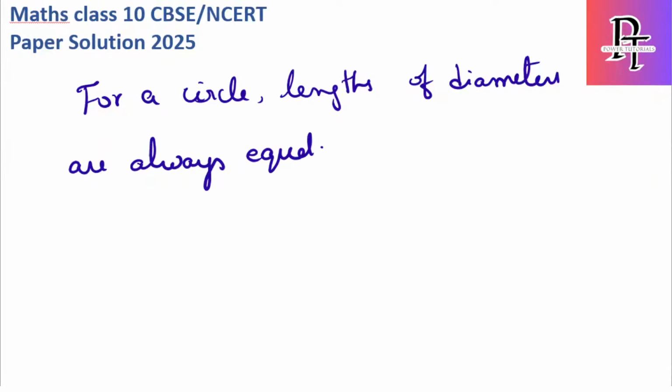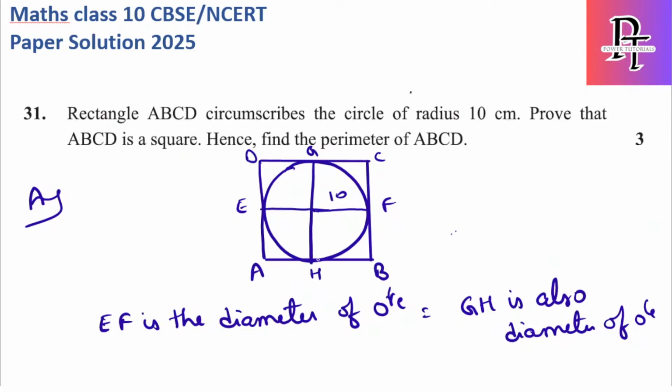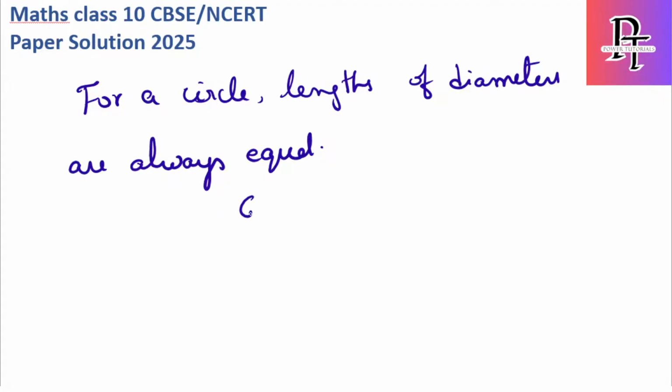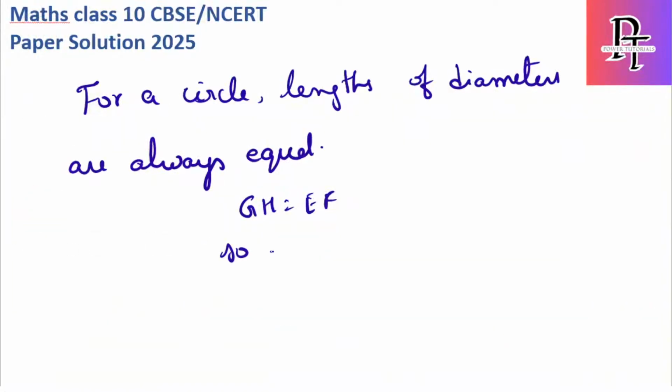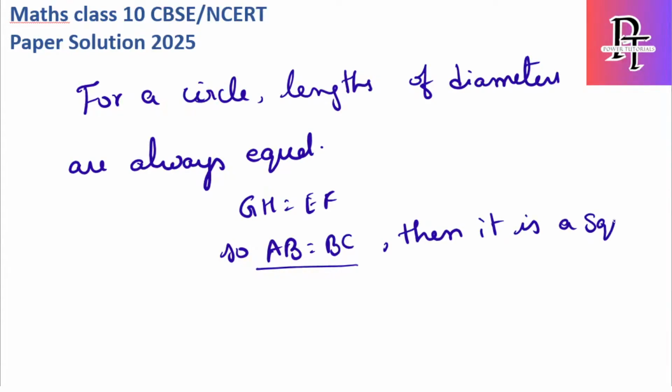Okay, so since the lengths of diameters are equal, I can say that GH is equal to EF. If GH is equal to EF, then GH is nothing but exactly BC and EF is nothing but AB. So AB is equal to BC. If AB is equal to BC, then it is a square, where all sides are equal.